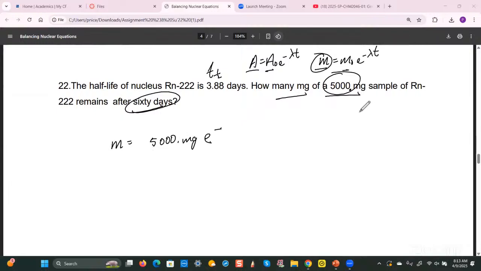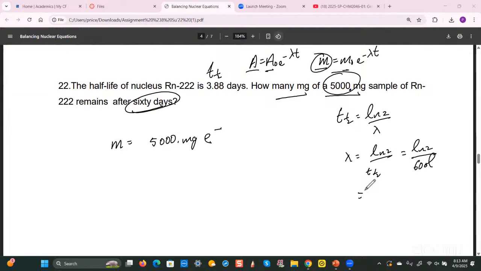So let me go over here. Remember, t half is equal to ln2 over lambda. So lambda is equal to ln2 over t half. So let me work this out here. So ln2 over 60 days, that will be equal to 2 natural log divided by 60.